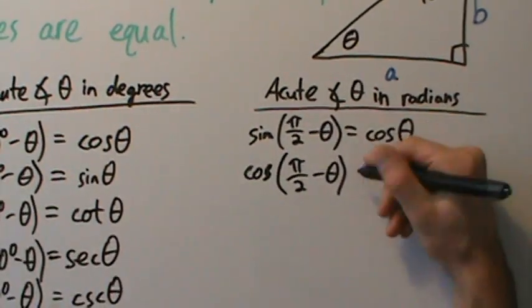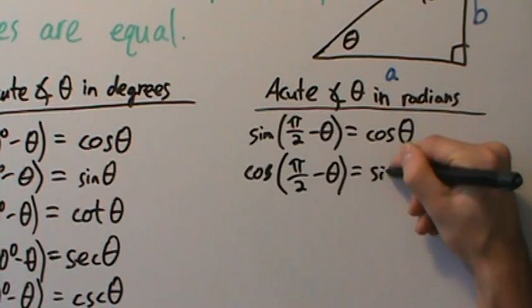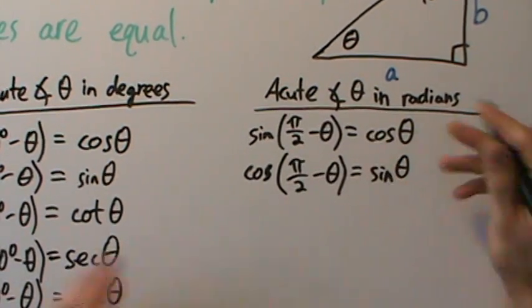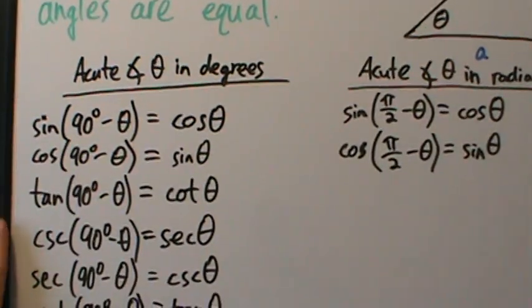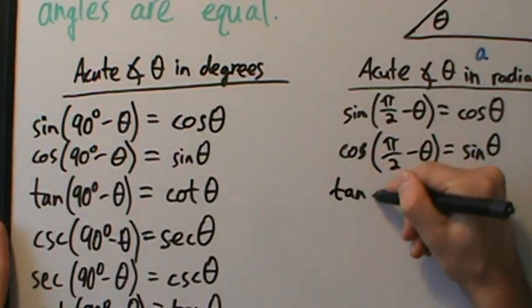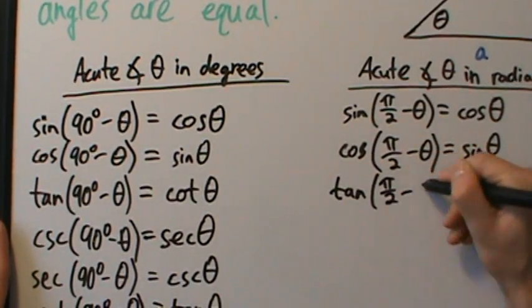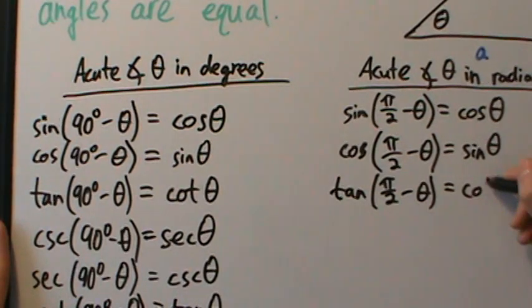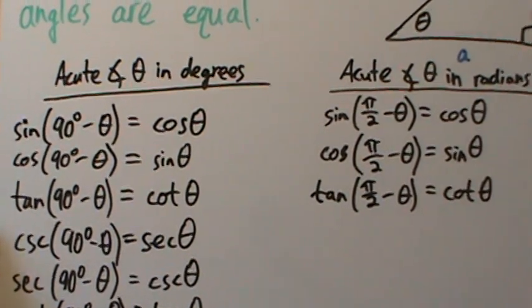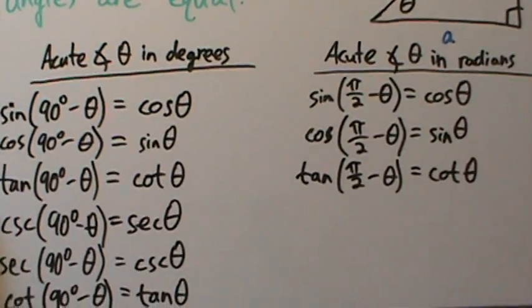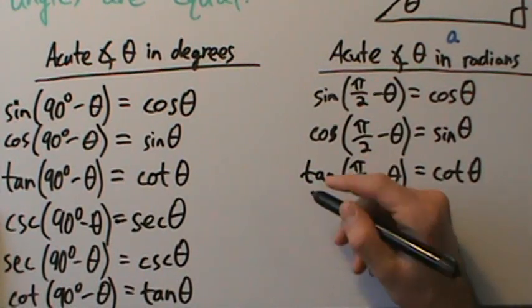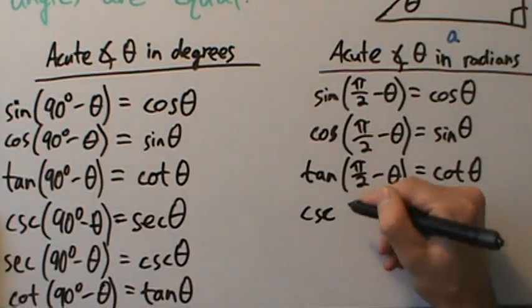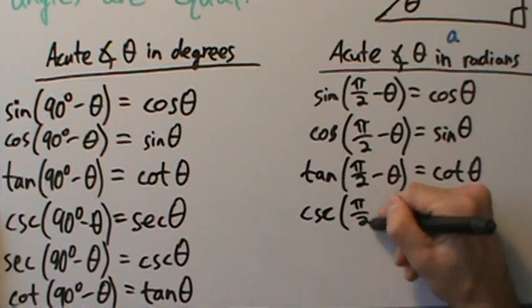Okay, so cosine of pi over 2 minus theta equals sine of theta. It's really all the same stuff, but we'll just go through and write them all out. Tangent of pi over 2 minus theta equals cotangent of theta. Also, we're talking about these in terms of acute angles, but this is actually true for angles in general, which we haven't really talked about yet. But we'll get to that later.